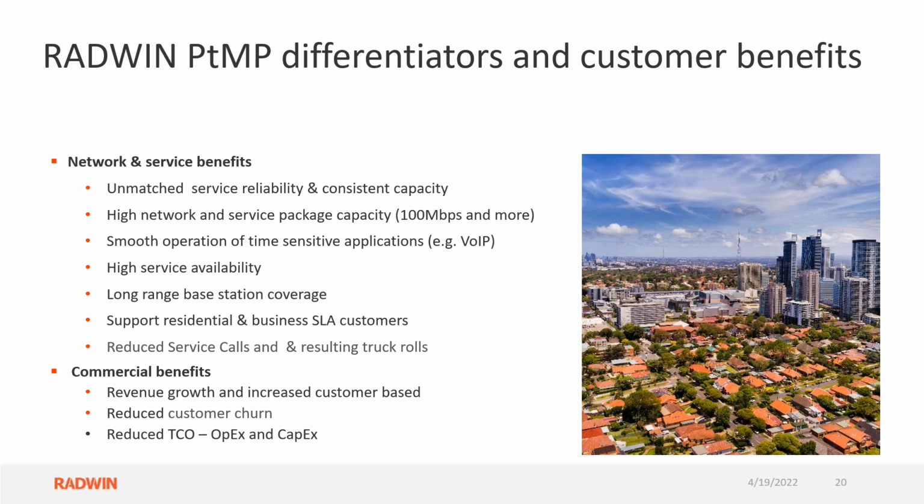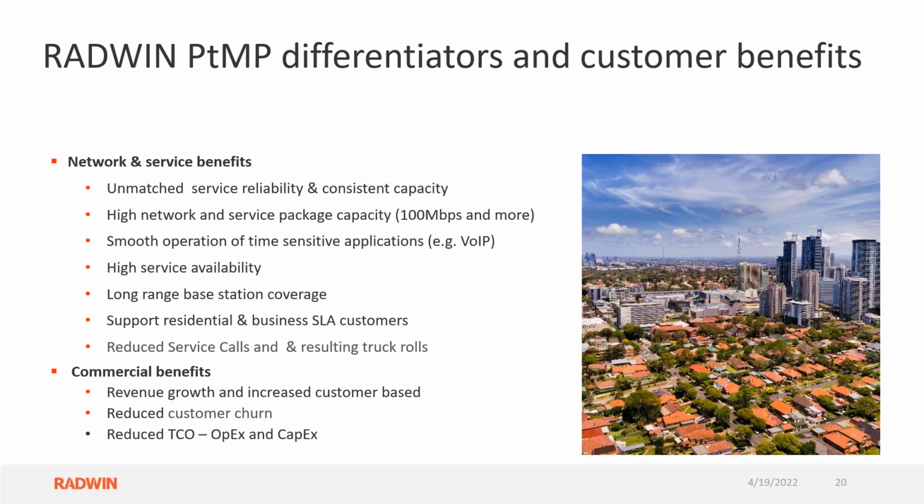It also allows us to do base station coverage better because of the beamforming. We're getting that tighter beam, higher gain. We're able to reach out more. We can support both residential best case versus business, CIR kind of arrangements on the same system. We don't need to have two.